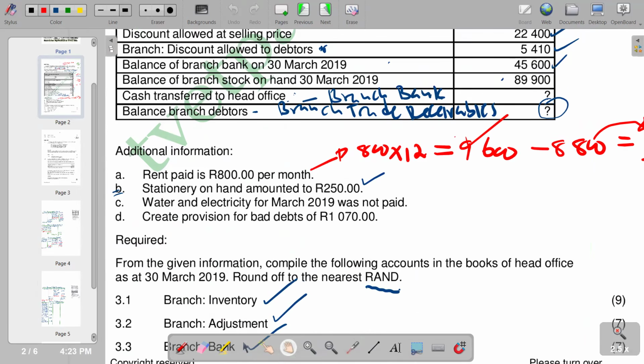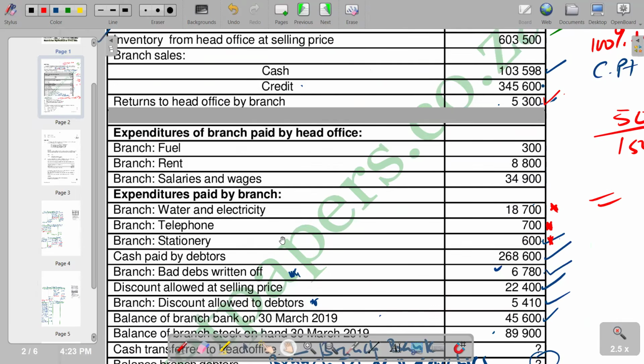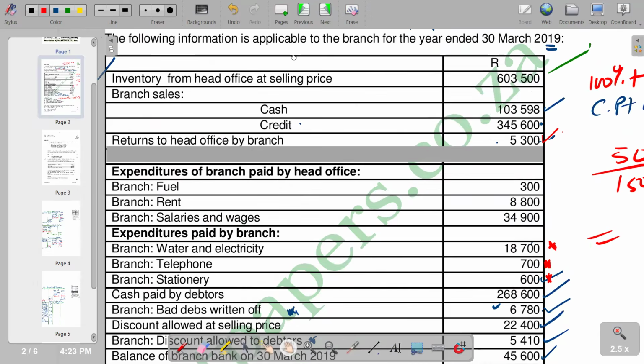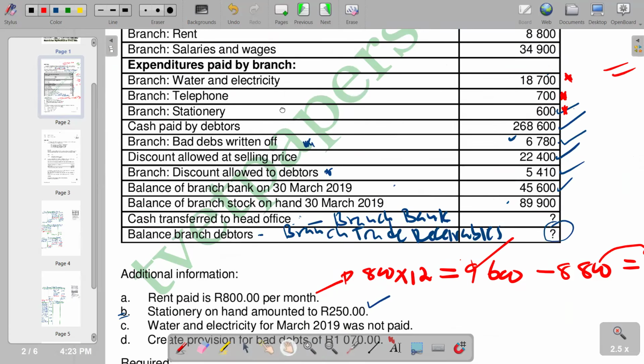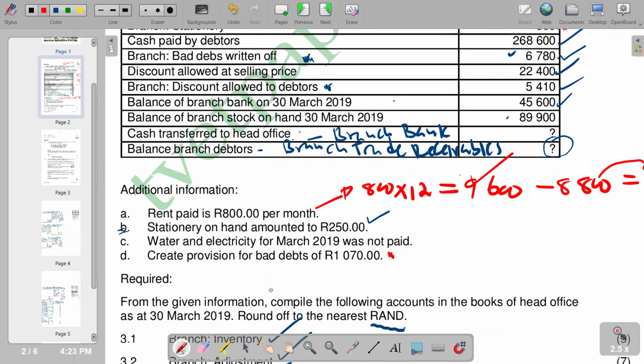So this is the current balance of provision for bad debts, which is provision for credit loss, 1,070 for the current period. Then we compare with the one that we have for the previous period. We see that we are not given one for the previous period, which means it's a movement. According to the information given, the assumption is that for the previous period we didn't have a provision for bad debts, which means it was 0. So it's a movement from 0 to 1,070, which is indicating an increase.